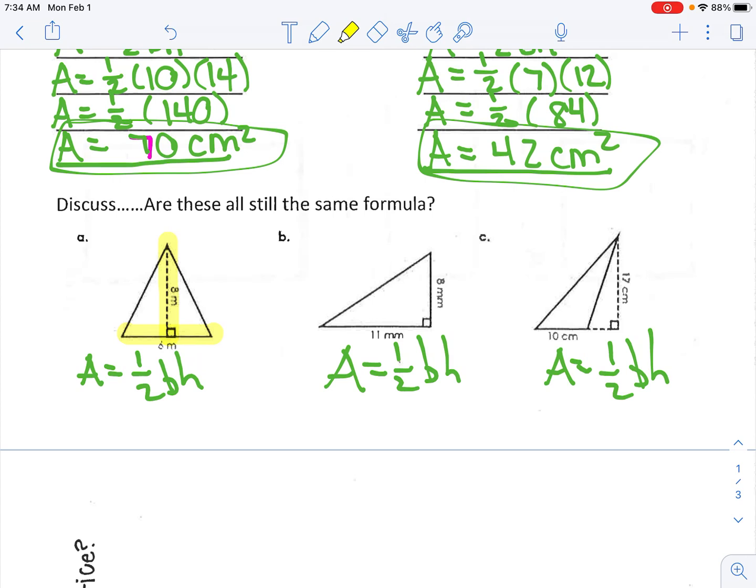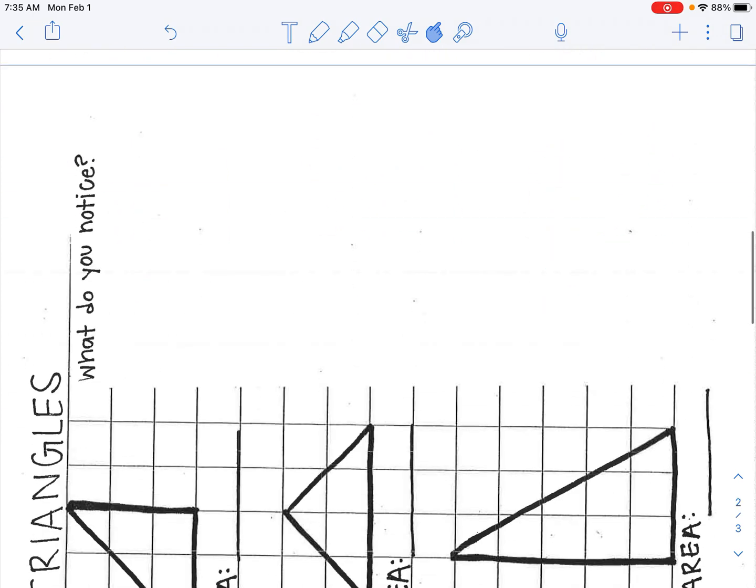So this one, the height is in the middle of the triangle. If the height is not along one of the sides, you're going to see a dashed line either running through the triangle, or if we look at letter C, we have a base of 10 centimeters. And remember, I said the height will always be perpendicular. So sometimes the height will be out to the side. And then letter B, the base is clearly 11 millimeters and the height is 8 millimeters. But we would use the same formula for all 3 triangles.